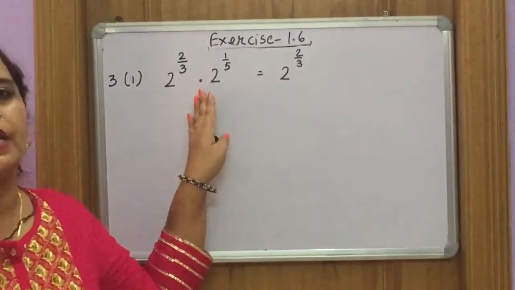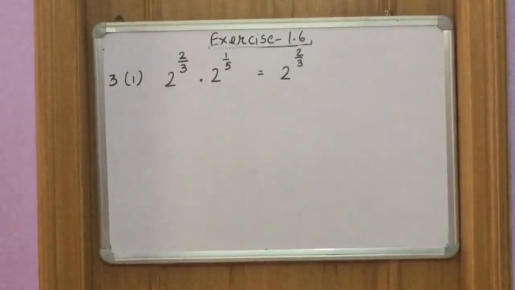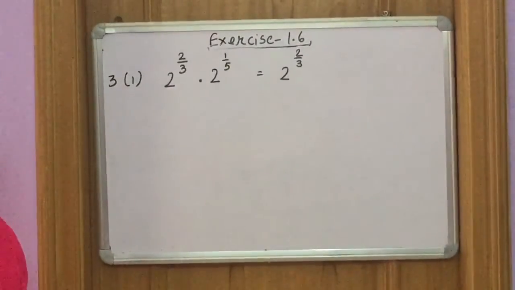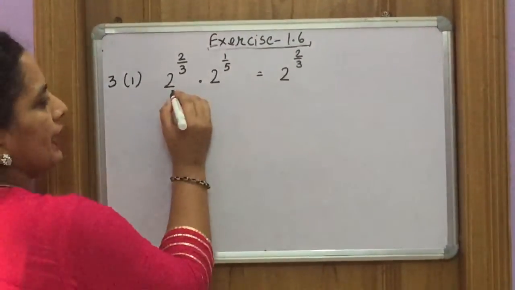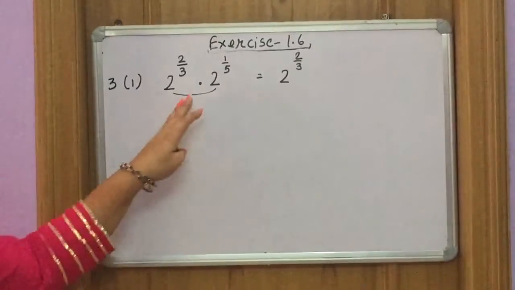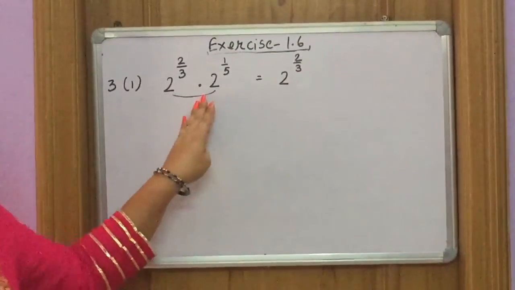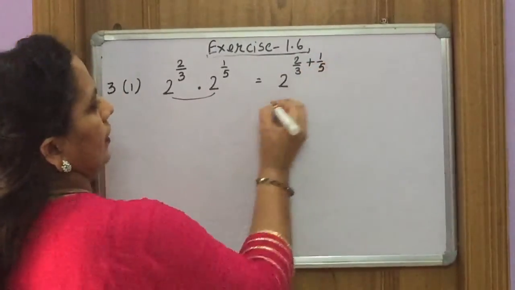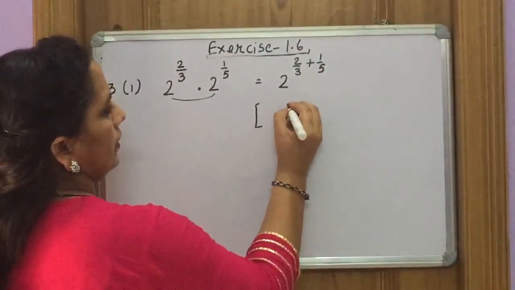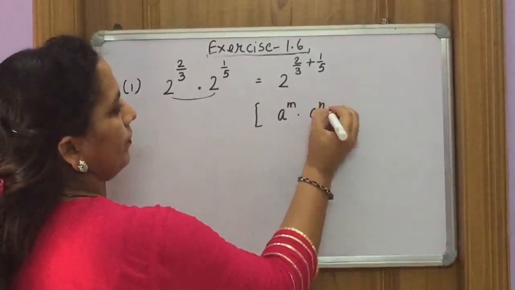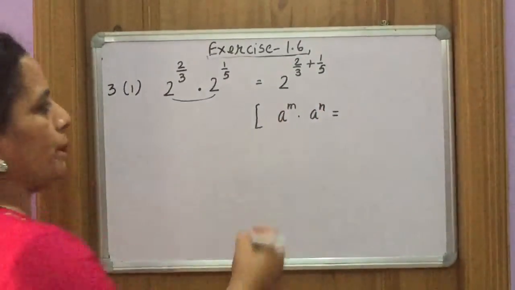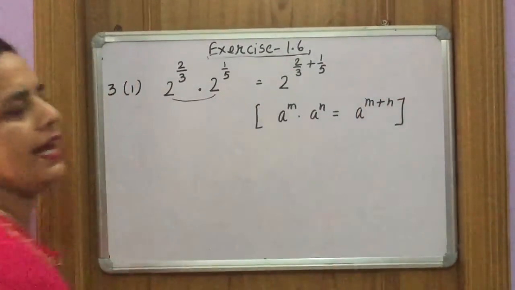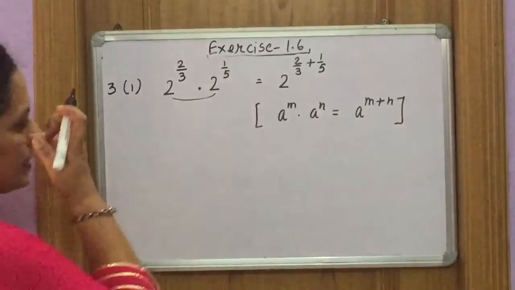Just consider this dot as multiplication. This is a sign of multiply. That means we can use here the law of exponent, which is when base is same and in between we have a sign of multiply, then power must be added. Just mention the law. If we have a raised to power m and a raised to power n, then we can write it as a raised to power m plus n.